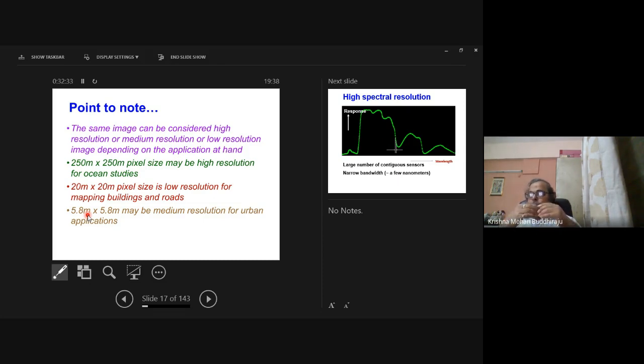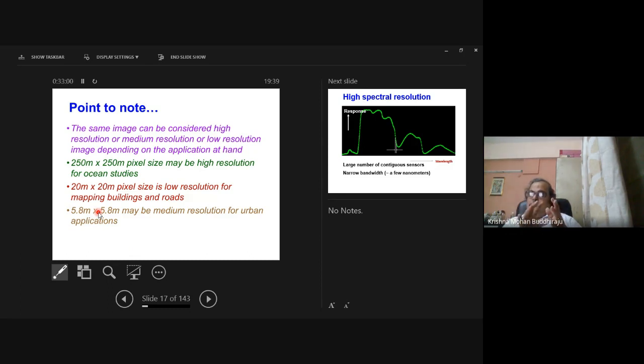But if you want to analyze an existing city or a town, and you want to look at different kinds of settlements, transportation network, sources of water, the urban vegetation cover, etc., you may want a much better resolution than this.